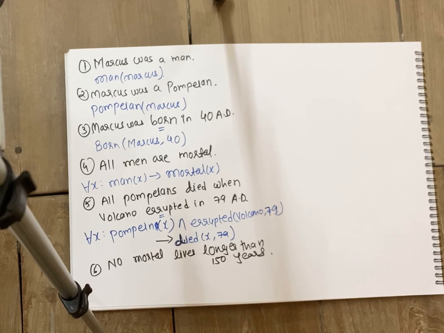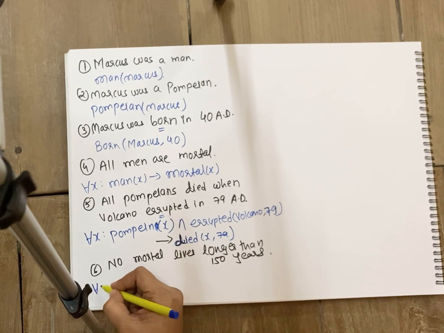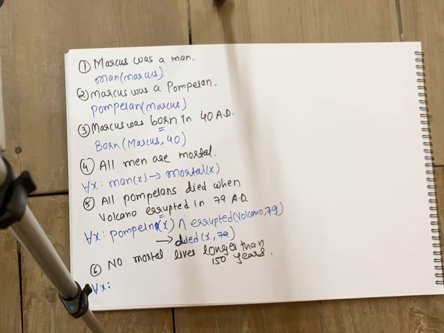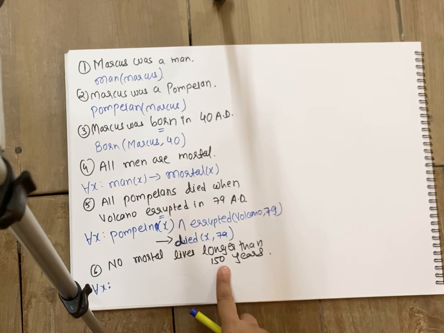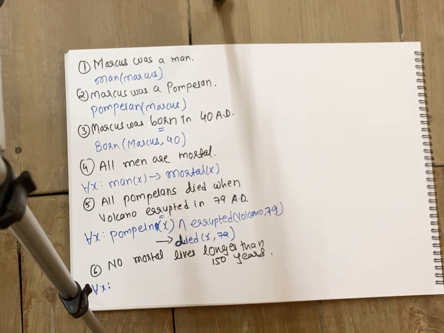So see, here first of all, no mortal means we are making a generalized statement about all mortals. So for all x. Now the second thing is lives longer than 150 years. How can we make a statement like lives longer or shorter? For that we have to take two variables, T1 and T2. Why? Because then only we can say the person was born in T1 and died in T2, and the difference between T1 and T2 was less than 150 years. Are you getting what I am trying to say?